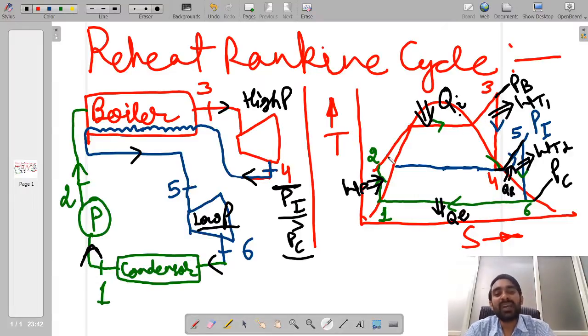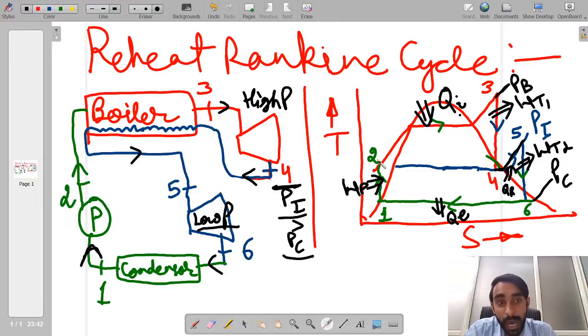So in a reheat cycle, if the mean temperature of heat addition during the second stage of reheating is more than the mean temperature of heat addition during the first process, then obviously efficiency will increase, and if it remains identical, there will not be any change in efficiency.